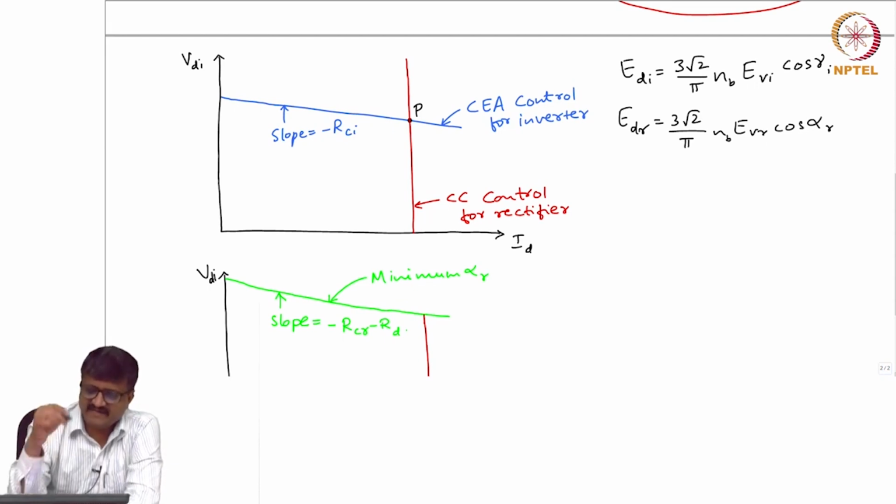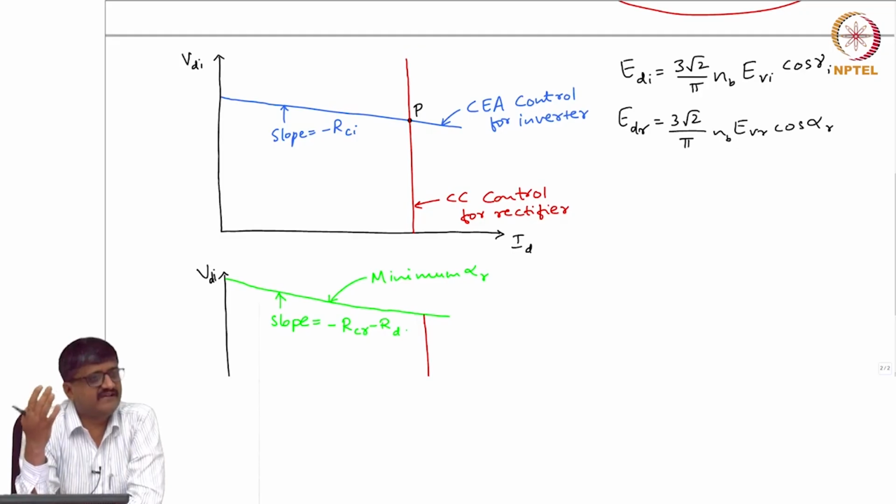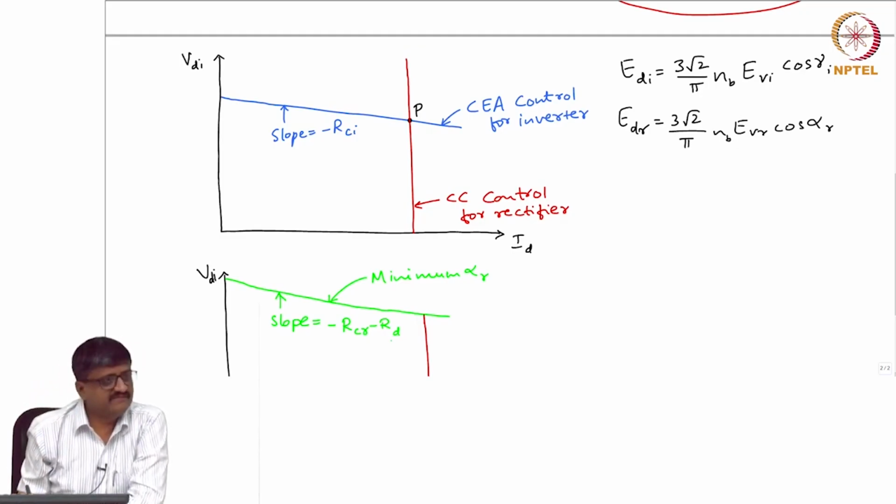Now, please note RCR and RCI are almost same. The only difference is because of taps, that is all. Because of taps, the leakage reactance depends on the tap position. So, that is a very small variation. So, due to tap changer, we have different values of RCR and RCI, but they are close. So, RD is much larger than the difference between RCR and RCI.